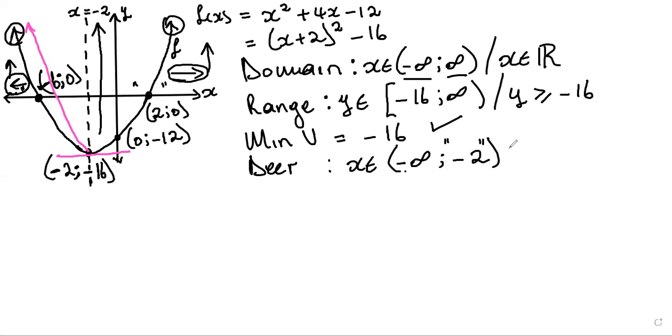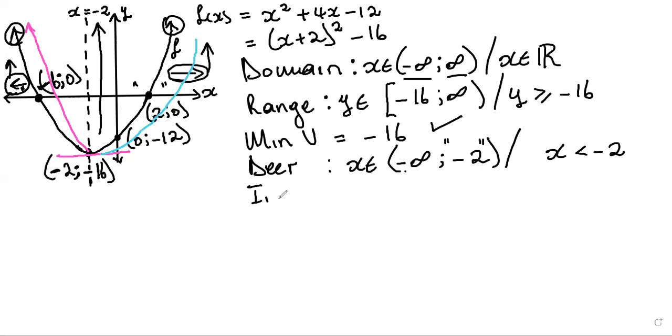So you can say it like this, or you can say this function is decreasing for all the values of x that are less than -2. But if you look on the right of -2, you can see that the function is increasing.